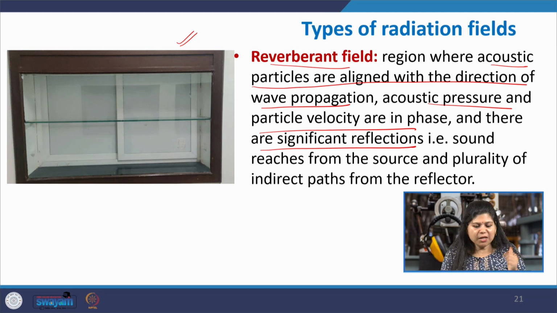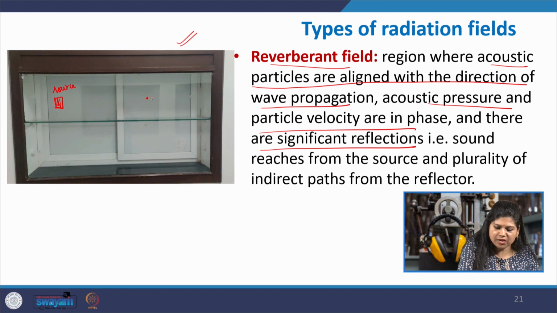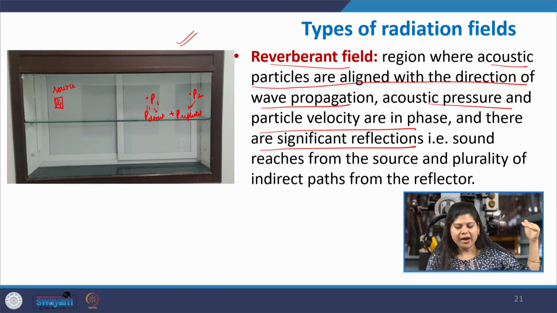So, suppose we had a source in this field and we measured it at any point P1 or P2, what we would get is that the sound would be both P from the direct field plus P due to the reflected field in both these cases, which means that the sound is arriving directly from the source, but also that same sound is reaching these reflecting walls, and it is getting reflected and reaching the listener from multiple pathways.